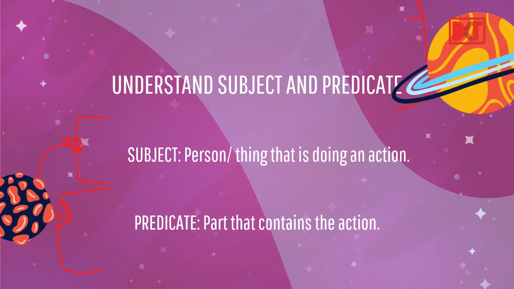Alright, so once you understand which is the subject and which is the predicate, it becomes easier for you to solve those jumbled words which you are given and form a meaningful sentence.